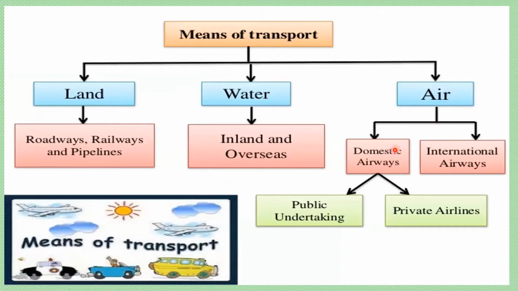Under air, we have domestic airways and international airways. The domestic airways are further subdivided into public undertaking and private airlines. Effective means of transportation are the basic requirements for quick growth.